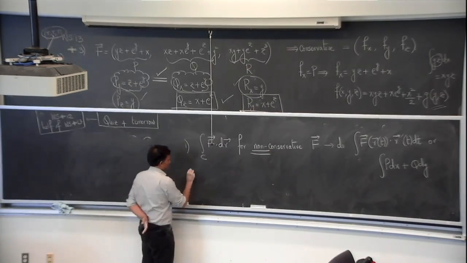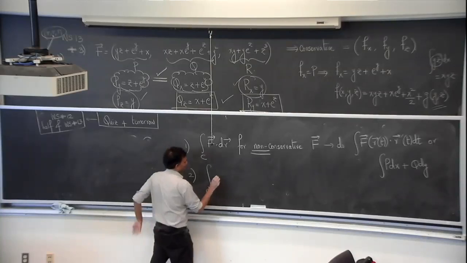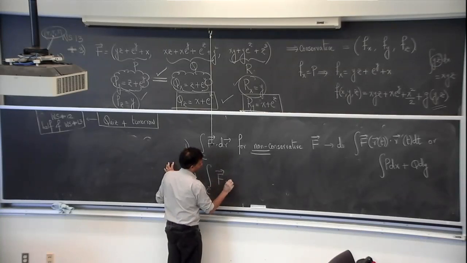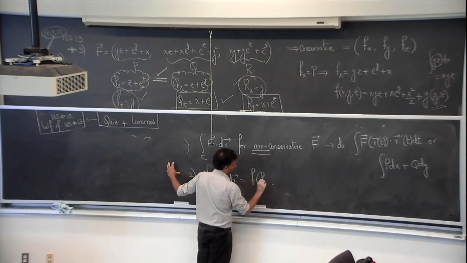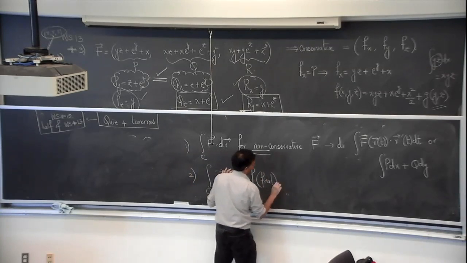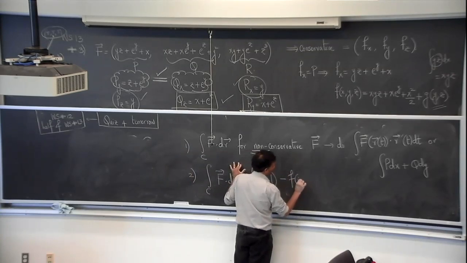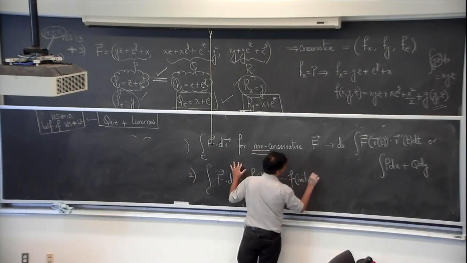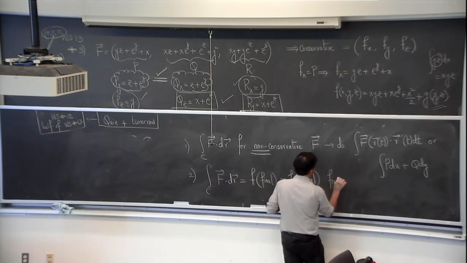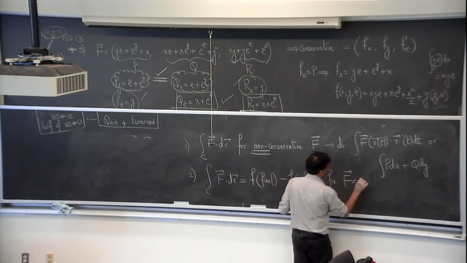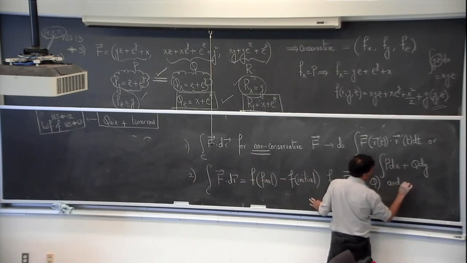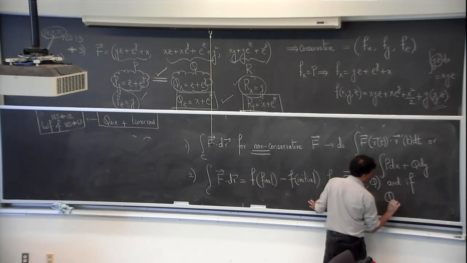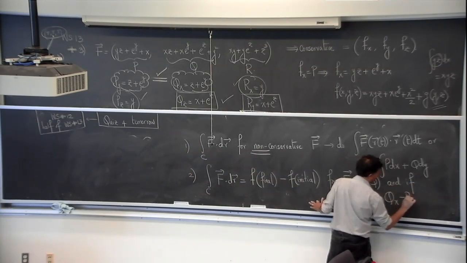If it is a conservative vector field, that will be just equal to f final minus f initial, for vector field F equal to P, Q, and if Q_x minus P_y equals 0.